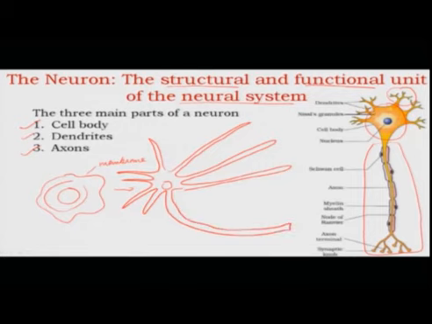They are called the axon. So, this is the cell body where the nucleus resides, this part is called the dendrite, which is the short process, and this is called the axon, which is the long process. Now, we will talk about each of these parts of the neuron one by one.